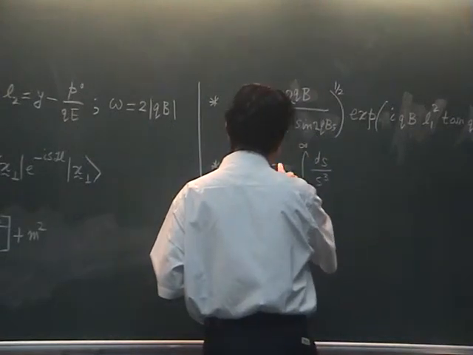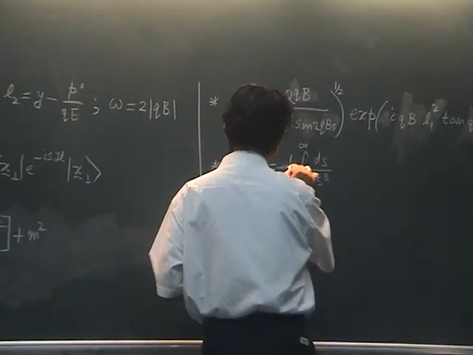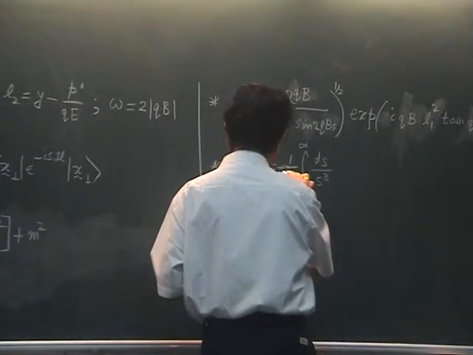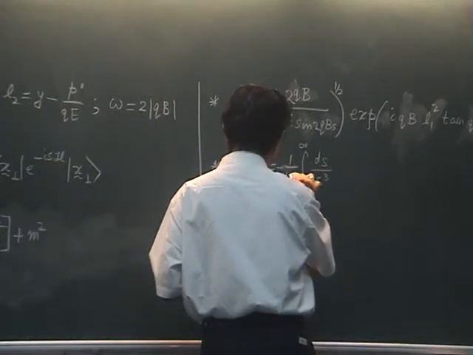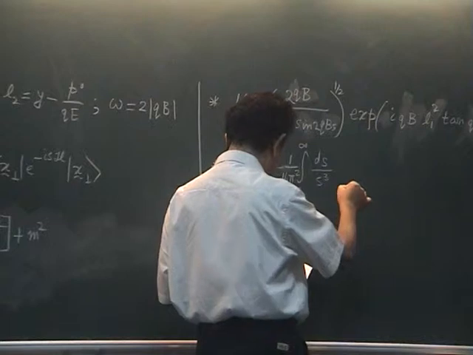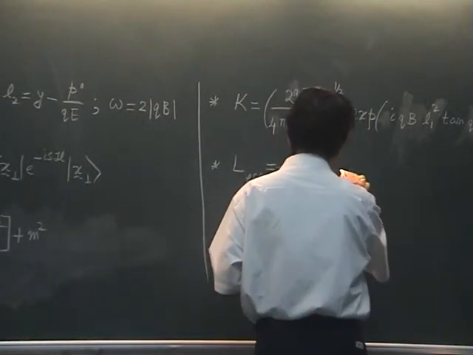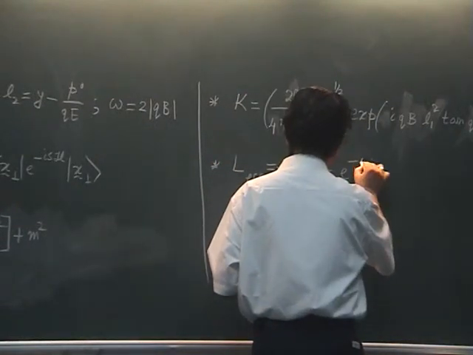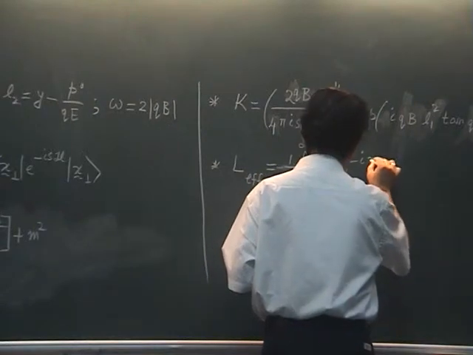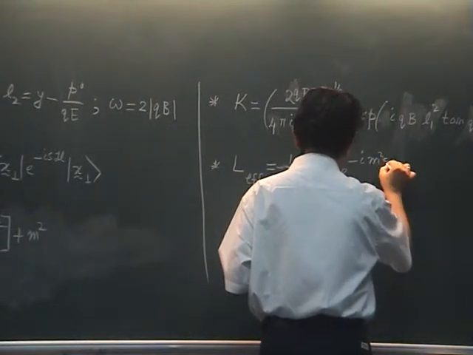Okay, there is also a 4 pi square, 1 over 16 pi square. ds upon s cubed e to the minus i m square s.